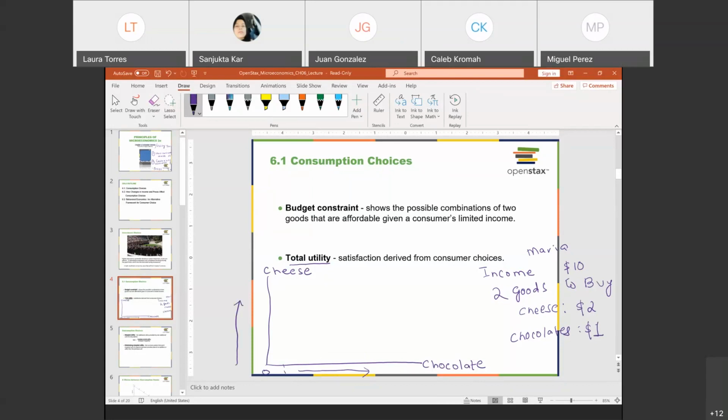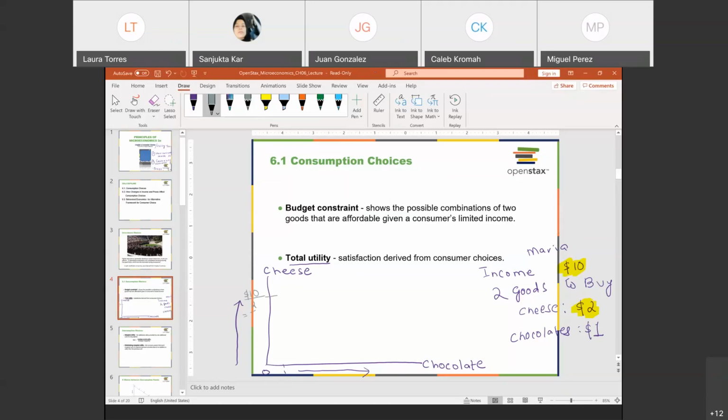Now, I know that her income is $10 here, and let's say she wants to spend all her money on cheese. Like, she's a cheese eater, she loves eating cheese, and she wants to spend all this $10 buying cheese only. If she does that, she is going to end up with 10/2.